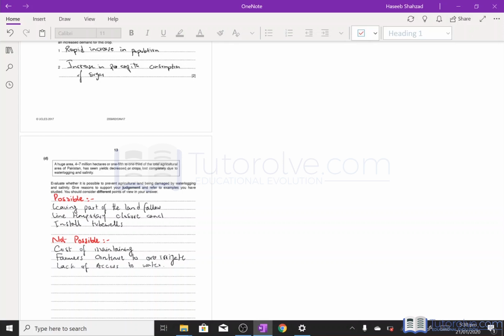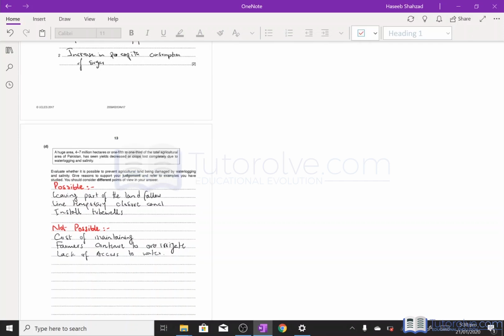So the possible thing is leaving part of the land fallow and lining canals, and installing tube wells which will actually drain the water out of the soil. Not possible because there is too much cost for maintaining. Farmers continue to over irrigate and there is lack of access to water in certain areas.